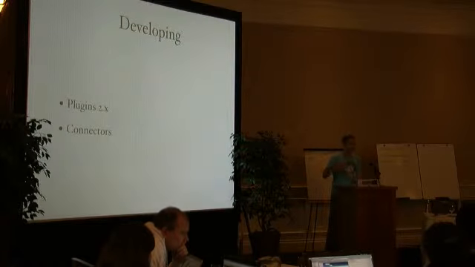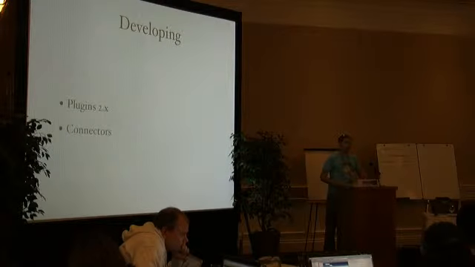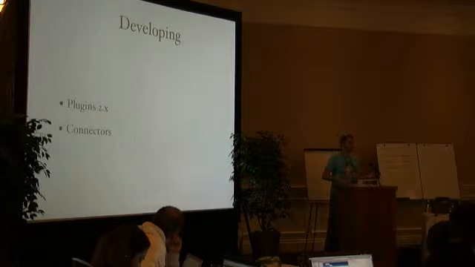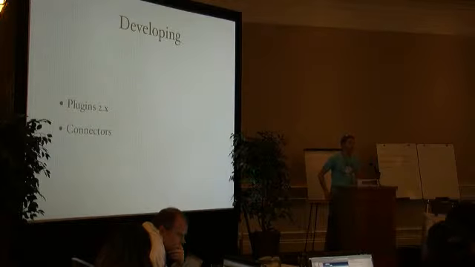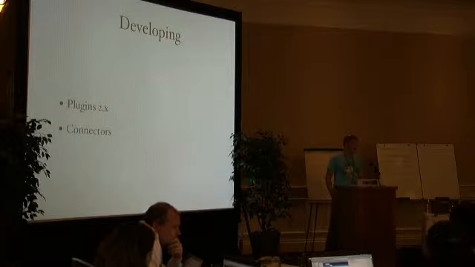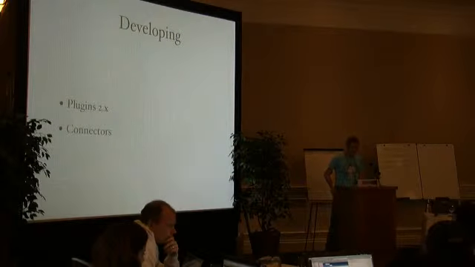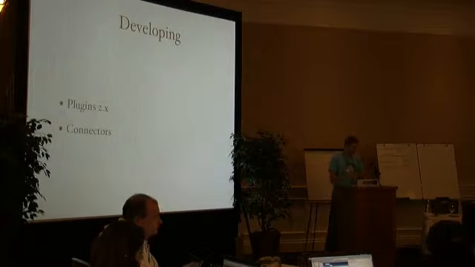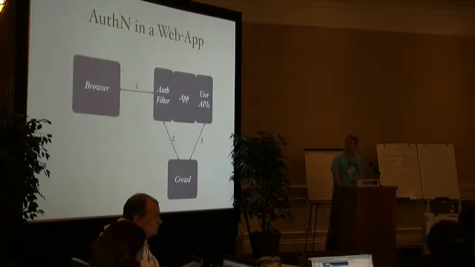A connector runs in your app, not in Crowd. So you could have a PHP app that calls through to Crowd to do user management, or Ruby, or whatever language you like. There's third-party language-specific libraries for most of the popular languages. And the rest of this is an overview of what those connectors are.